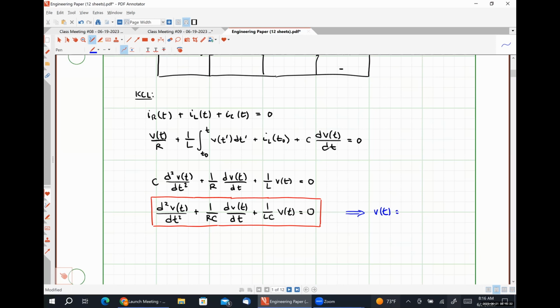And because that worked for us in circuits 1, that's what we are going to work with here and see what shakes out. So I'm going to assume that my capacitor voltage will generally be of the form A e to the st.